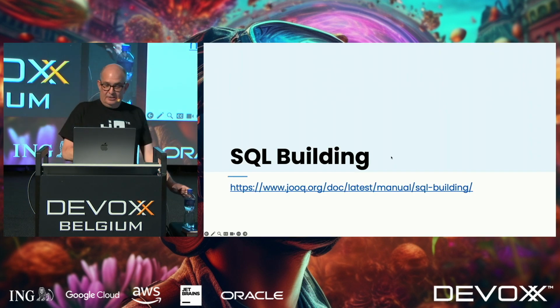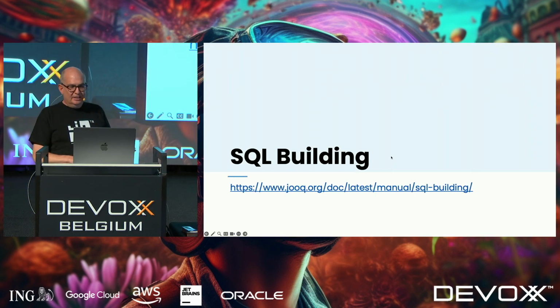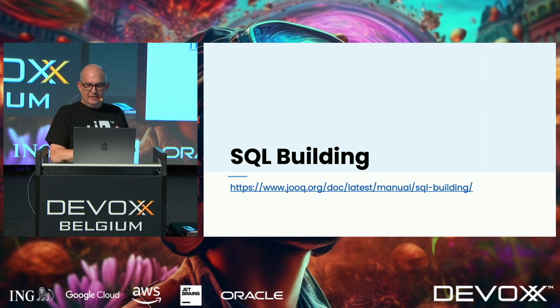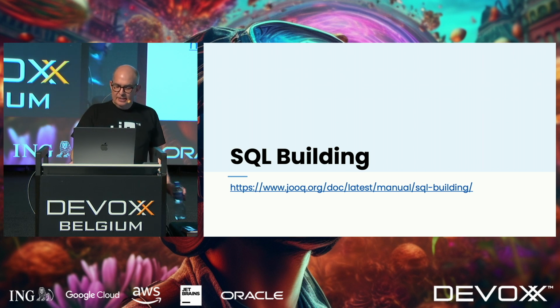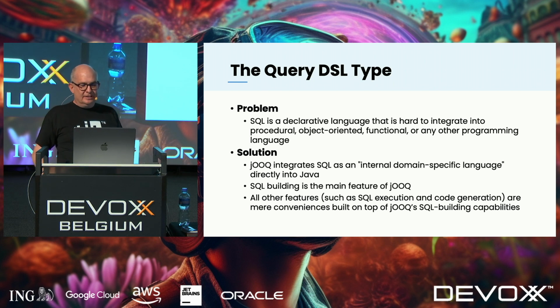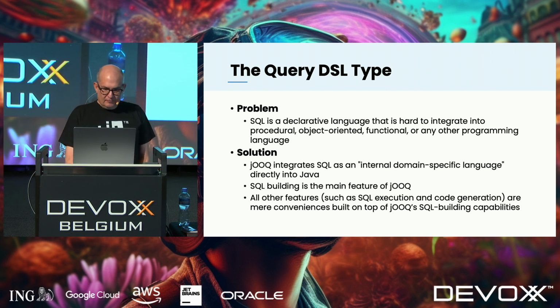Now that we have generated everything that we need, we want to start building SQL with that. So the first thing we need to know is how we can use the jOOQ domain-specific language, at which classes or interfaces we have to use.